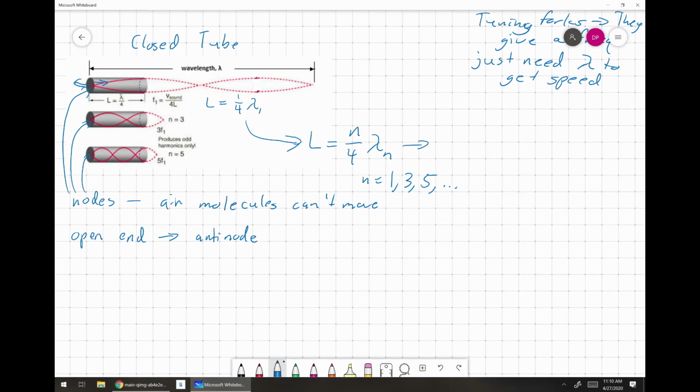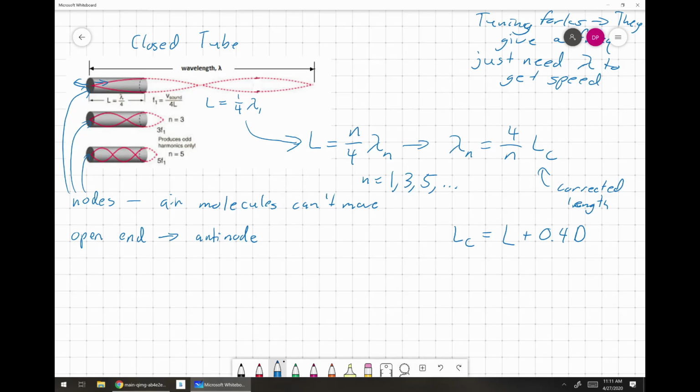So we can take this and say that lambda N is going to be 4 over N times this L_C. And here, this is a corrected length, where L corrected is equal to the length of the tube plus 0.4 times the diameter of the tube.